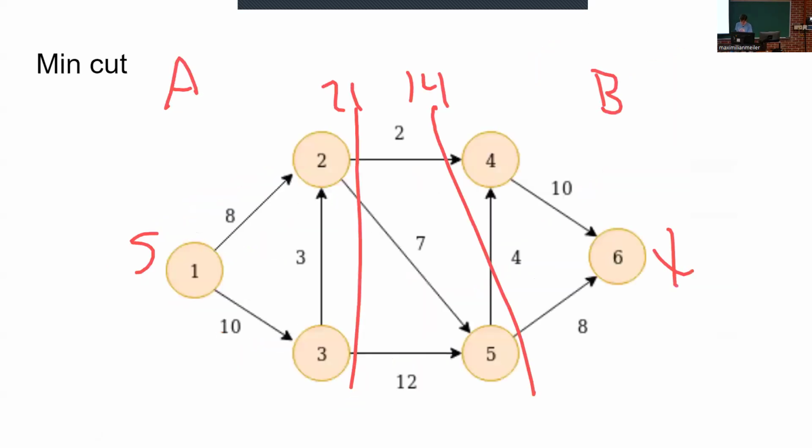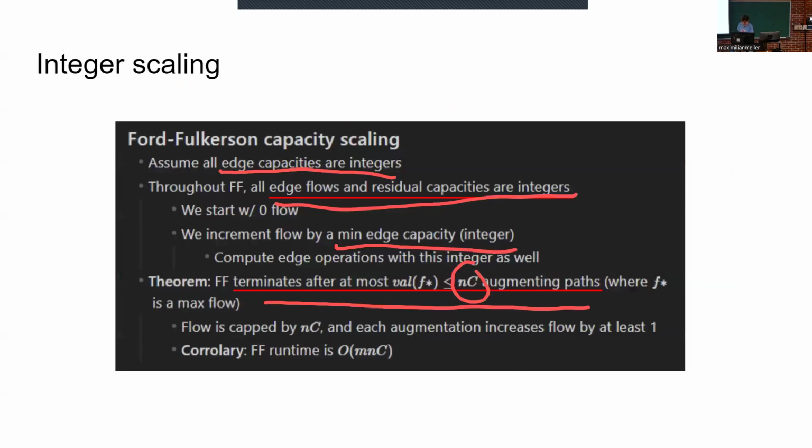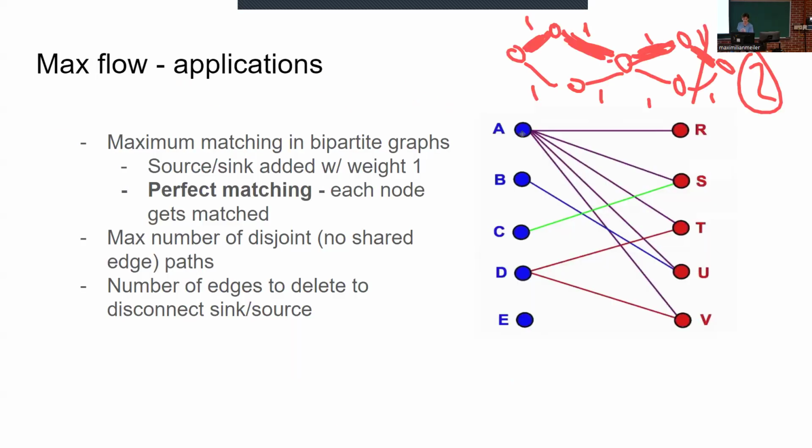If we go back to this graph, it's the same thing. If these were both edge weight 1, you'd get a max flow of 2, chop it off, disconnect 2 edges, and then you're done. Yes, the max flow is the number of edges you delete to disconnect the sink from the source.